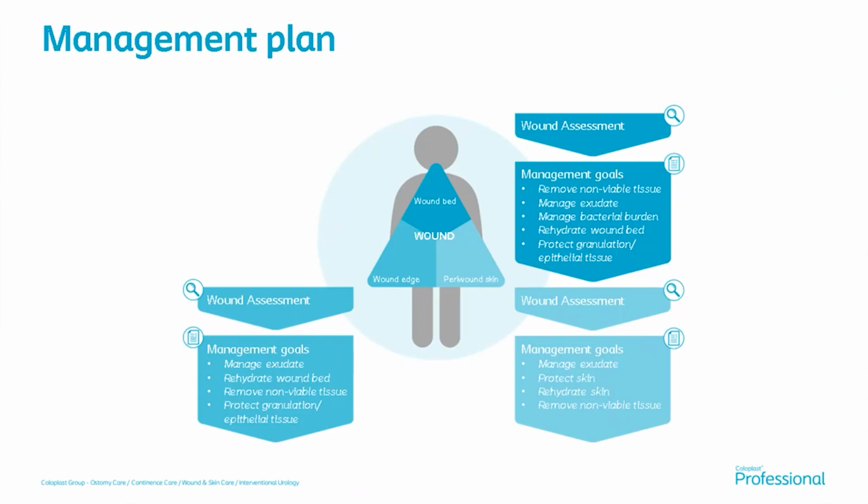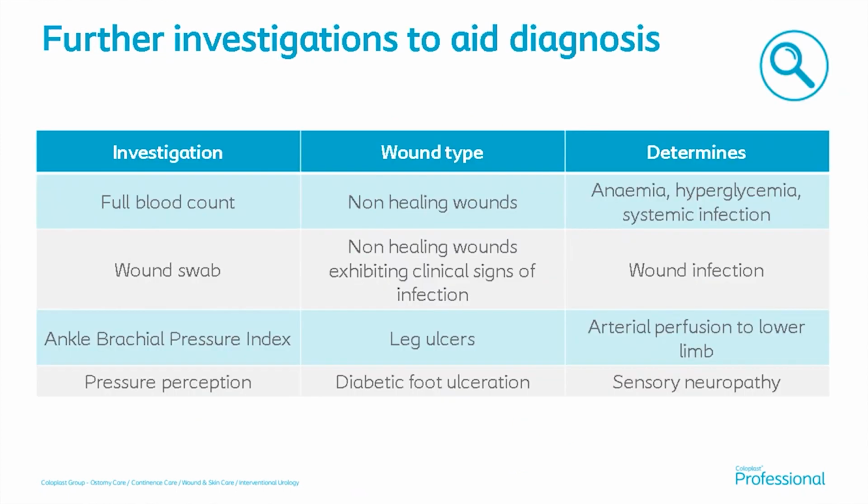So our management plan is really key, and we identify our management plan by undertaking the holistic and really thorough wound assessment, looking at all of the parameters that we've just gone through. Further investigations that we might want to undertake could be blood tests. We might want to do a wound swab to identify potential infection.